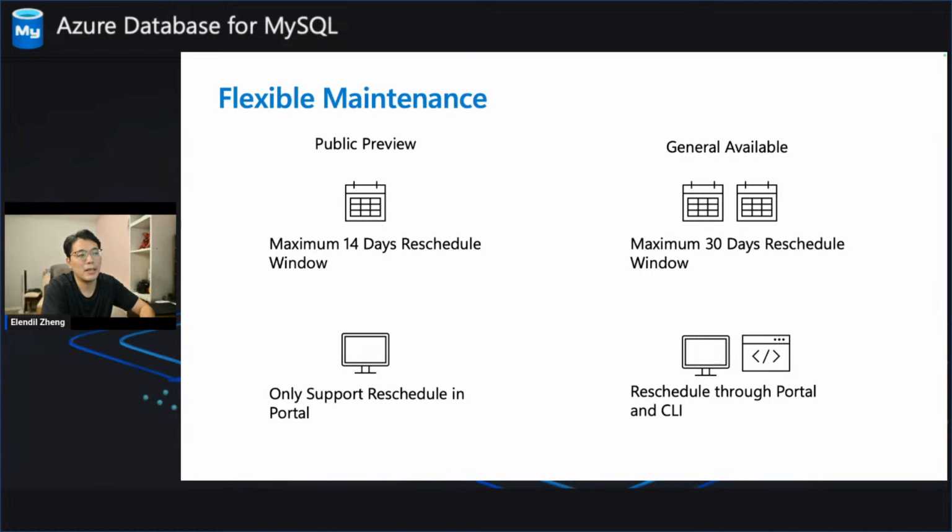Right now, our customers can reschedule their maintenance in a maximum 30 days reschedule window, as long as there is no hard security compliance requirement. And we also provide a very strong power of CLIs for our customers to use during the maintenance period, so that you can write your own script to monitor the maintenance or batch reschedule your servers to meet your business requirement.